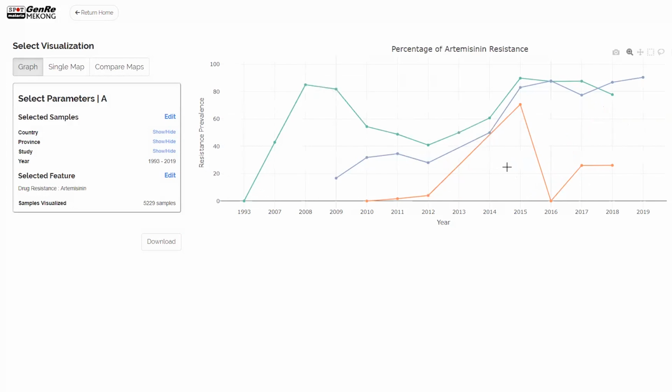By 2015, the resistance had spread to Laos and Vietnam, and we can see the prevalence of resistance increasing following Cambodia and plateauing at 80 to 90%.